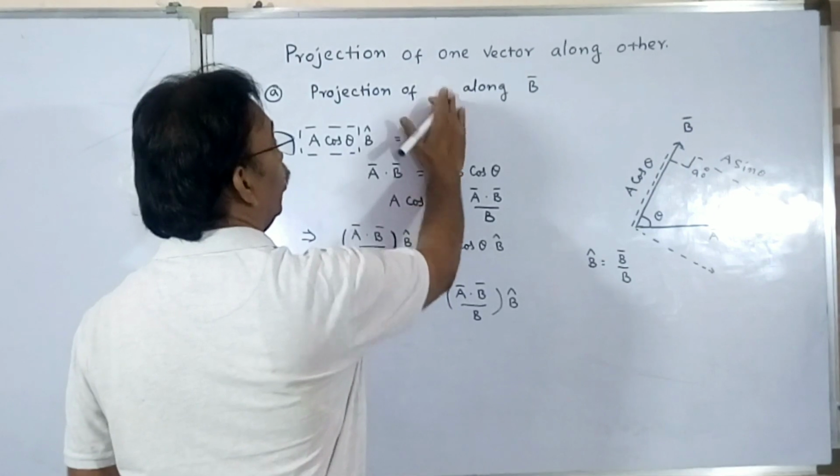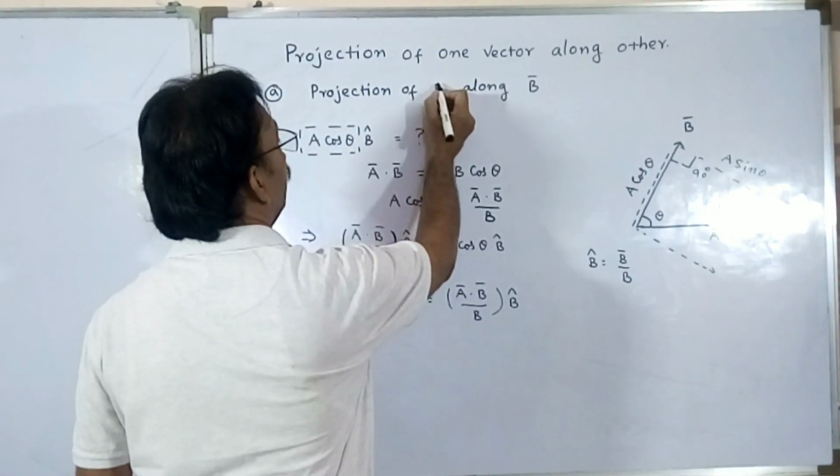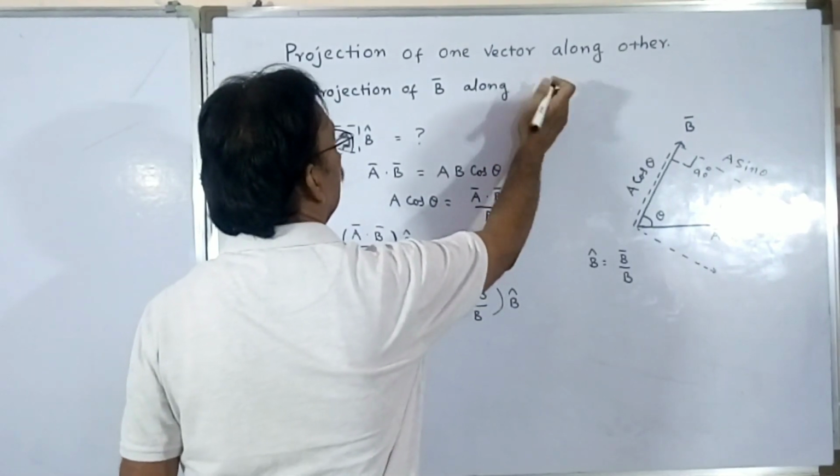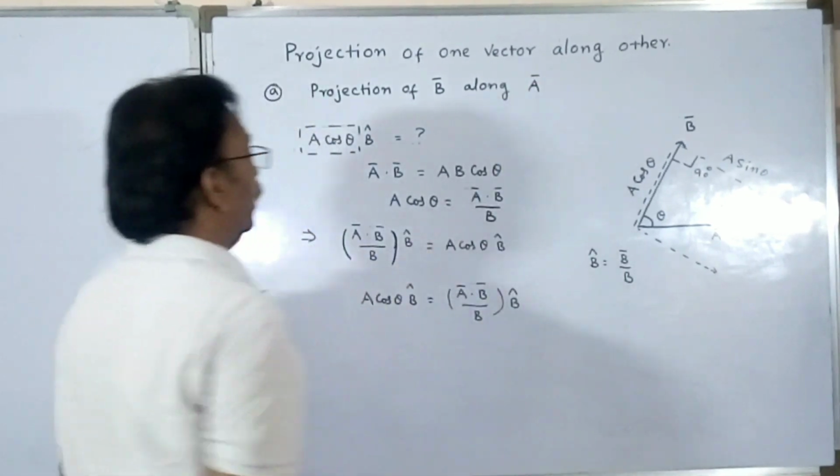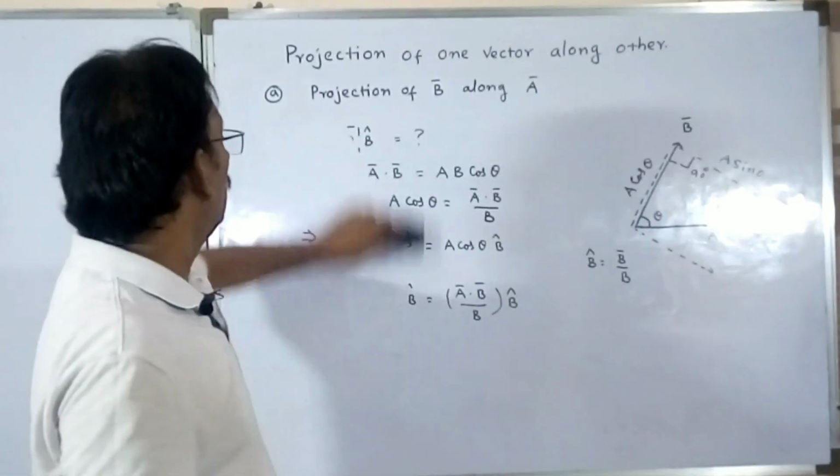In the same way, now we are going to do the projection of vector b bar along a bar. We are going to do the same here.